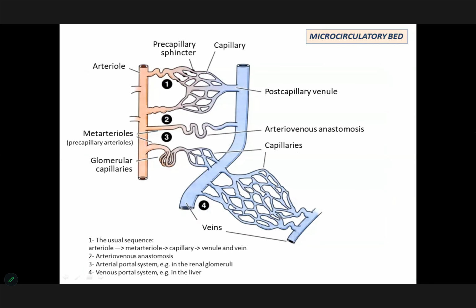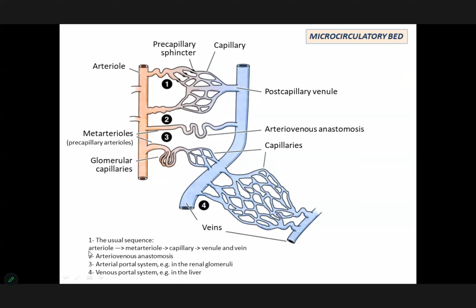Next, let's talk about microcirculatory bed, which includes arteriole, venule, and what is between them. So what can be between them? Usually it's capillaries, then from arteriole will start the metarteriole.